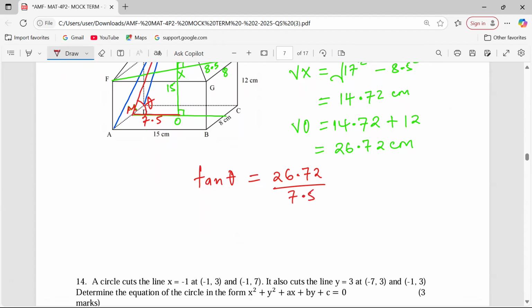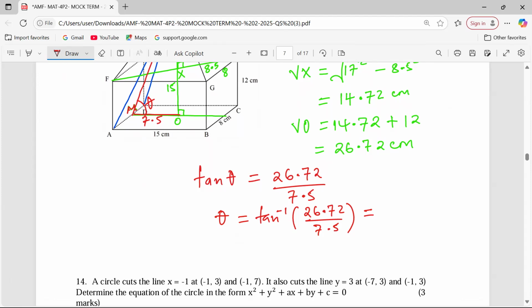For us to get the angle, we need the tan inverse of 26.72 out of 7.5. So this angle equals shift tan, open brackets, 26.72 divided by 7.5, close brackets. This is giving me 74.32.